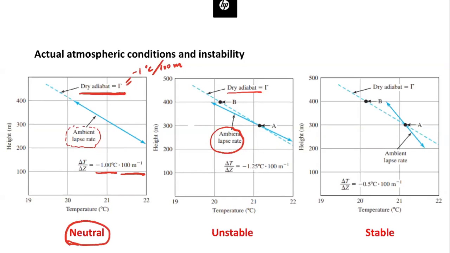The profile of the ambient temperature is actually higher on the surface. If you see on this end here, if we extend this line, the actual temperature is higher than the theoretical temperature that's predicted by this dry adiabatic lapse rate.